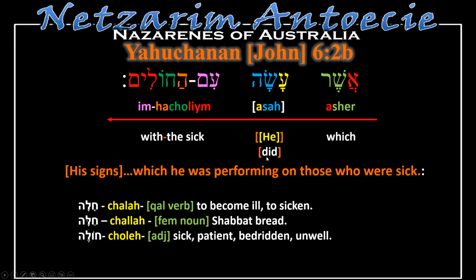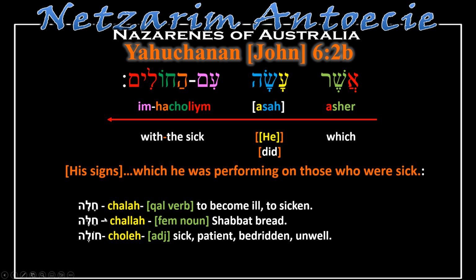Remembering there's no pronoun, then we can add he. And the root of it is asa, which is to do. But it's a perfect form, so he did. Im, meaning with, ha-cholim, the sick, which he did with the signs. So therefore, with the sick, his signs, which he was performing on those who were sick.